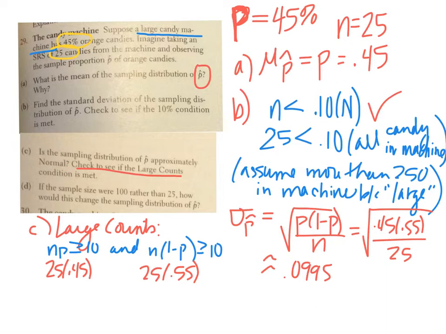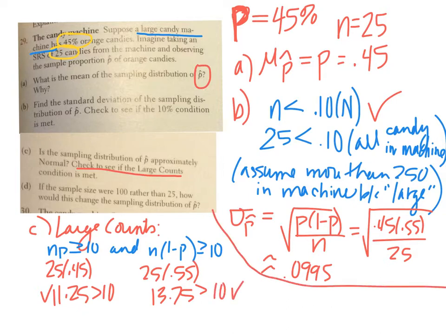I can actually do that out and see that this is 11.25, which is greater than 10, so that checks out, which means this one's going to be even bigger. It's 13.75. That's greater than 10, so that checks out. So I am allowed to say that the sampling distribution is approximately normal.